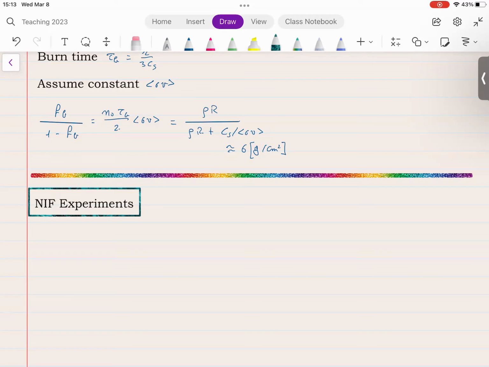It's designed to do a lot of things, but for the ICF field, it's designed to achieve ignition, that is net energy production, in the indirect drive configuration. It's got a total laser energy that's of the order of 2 megajoules. I should write that down.